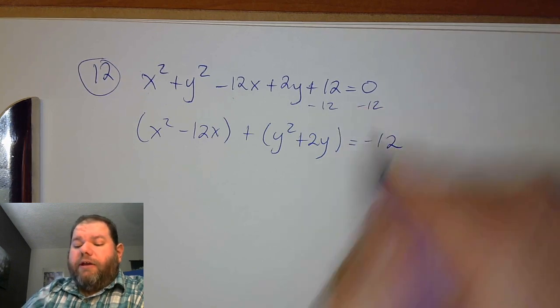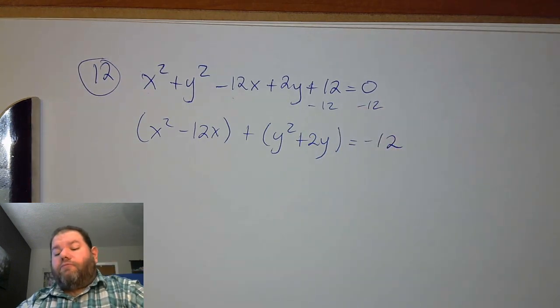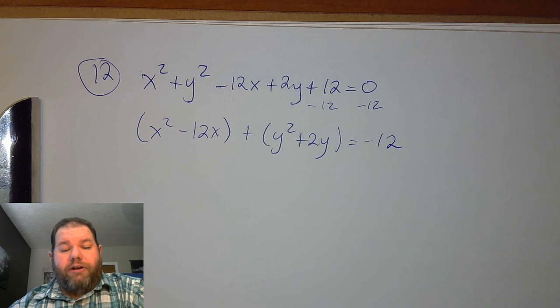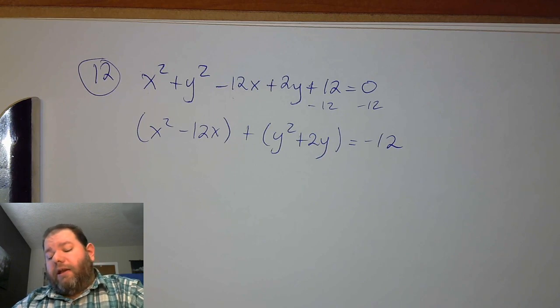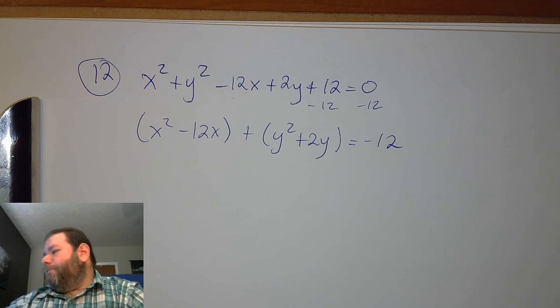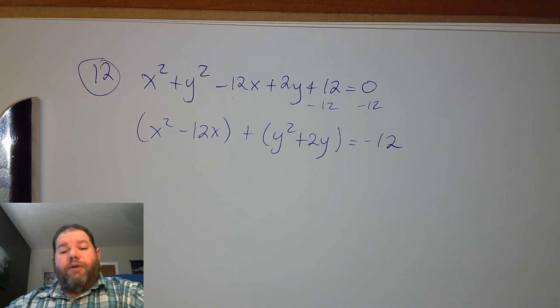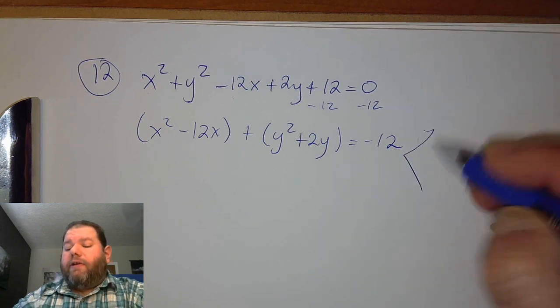The reason we do that is we don't want to incorporate it in either one of these parentheses, so it's easier just to move that number to the right hand side. Okay, now we have to complete the square inside each set of parentheses.